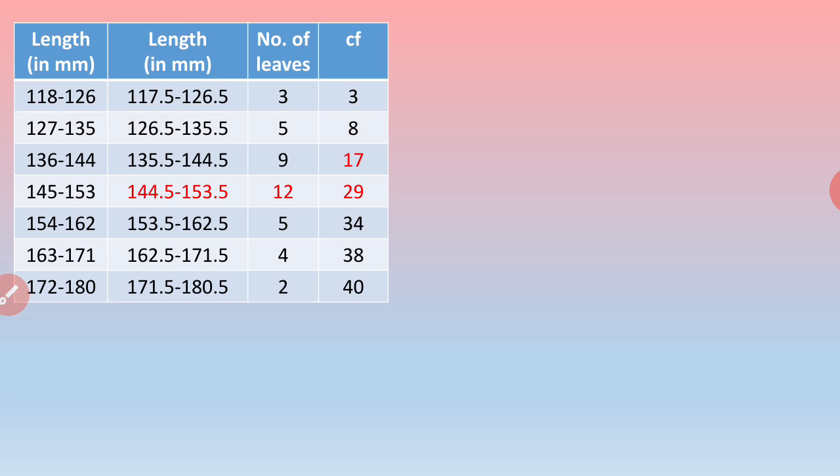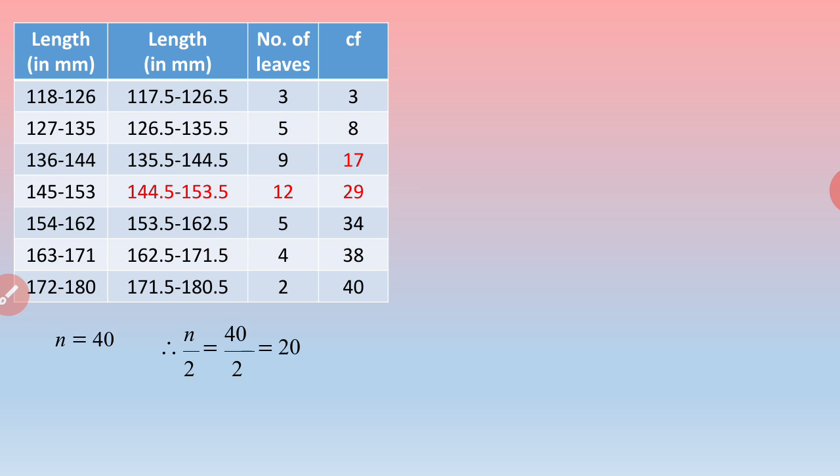Now the number of leaves is noted down, which is nothing but the frequency. With that we find the cumulative frequency. Here we are finding the cumulative frequency of the lesser than type, so we start addition from the top. Once this is generated, we find n, that is 40, and n by 2 comes out to be 20. 20 lies between 17 and 29 in the cumulative frequency column.